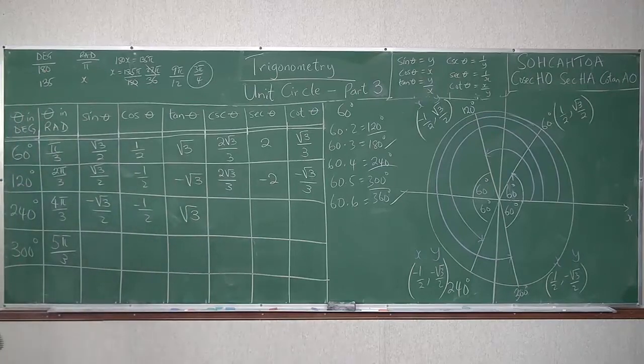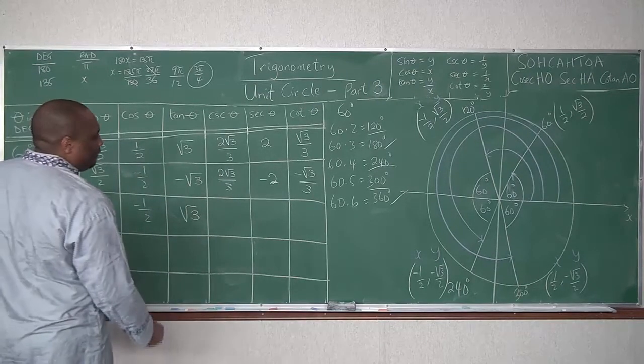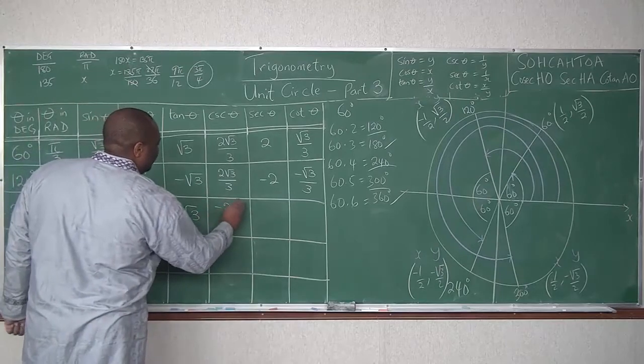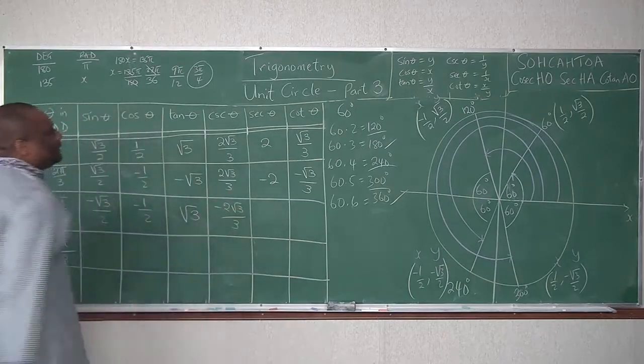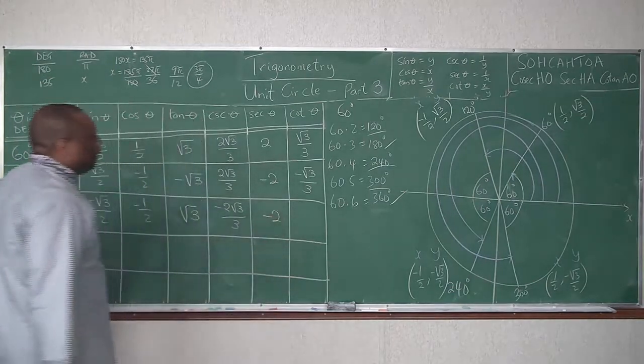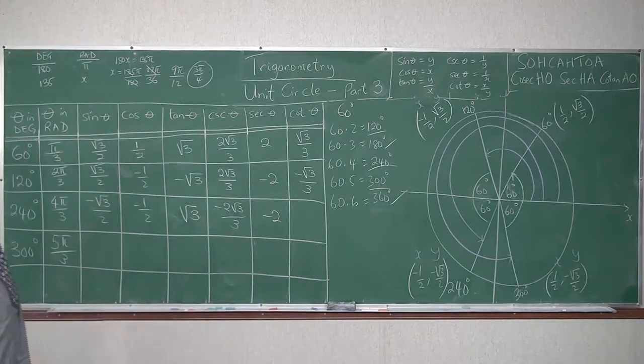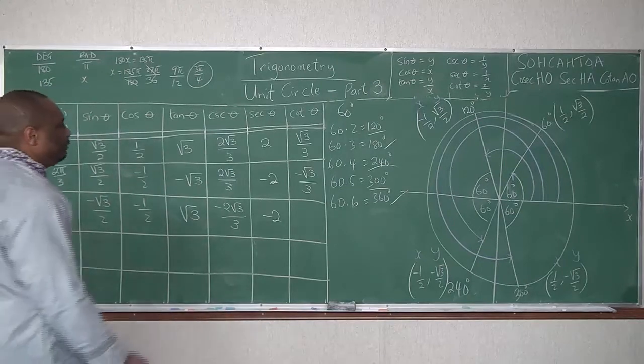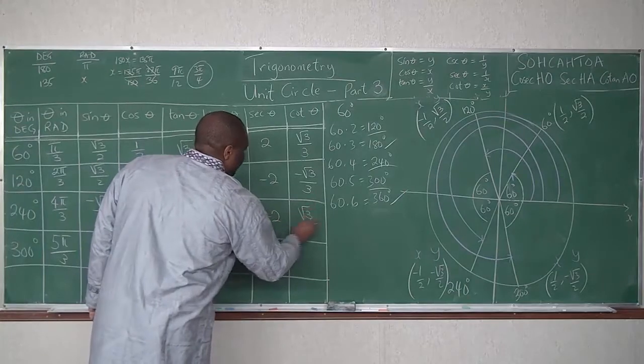Cosec is a negative, because it's 1 over y, negative 2 root 3 over 3. Sec is a negative, negative 2. Cotan will be x over y, negative divided by negative, which is positive, root 3 over 3.